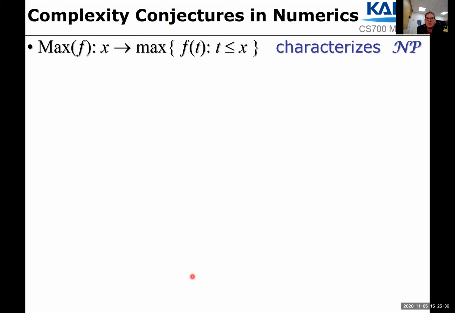This is what we don't know, the complexity of this single integrated function. Okay, so yes, parametric maximization characterizes the discrete complexity class Sharp-P.